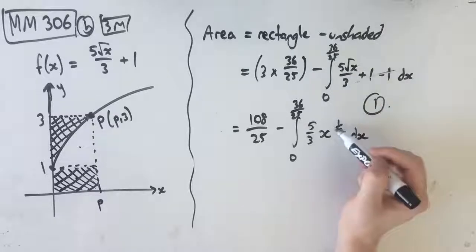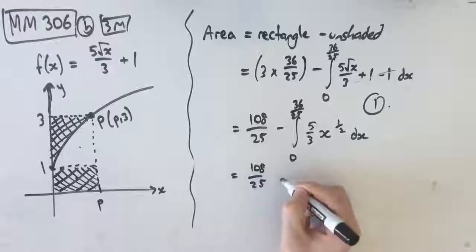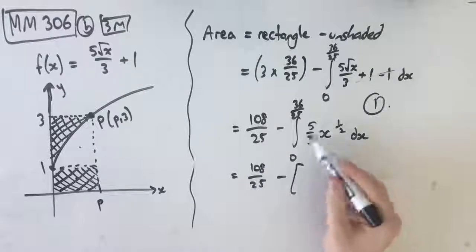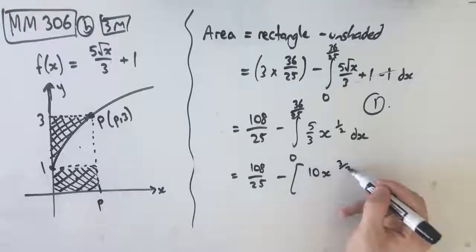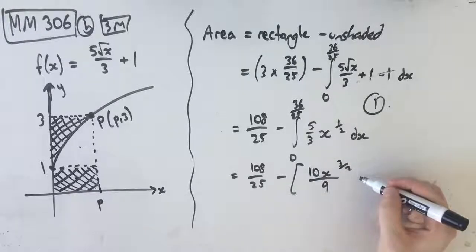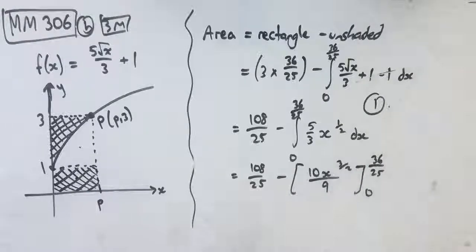Okay, so root x is the same as x to the power of 1/2, which means we get 108 on 25 minus, integrating this, we get 10x to the power of 3 on 2 over 9, and that's from 0 to 36 on 25. Awesome.